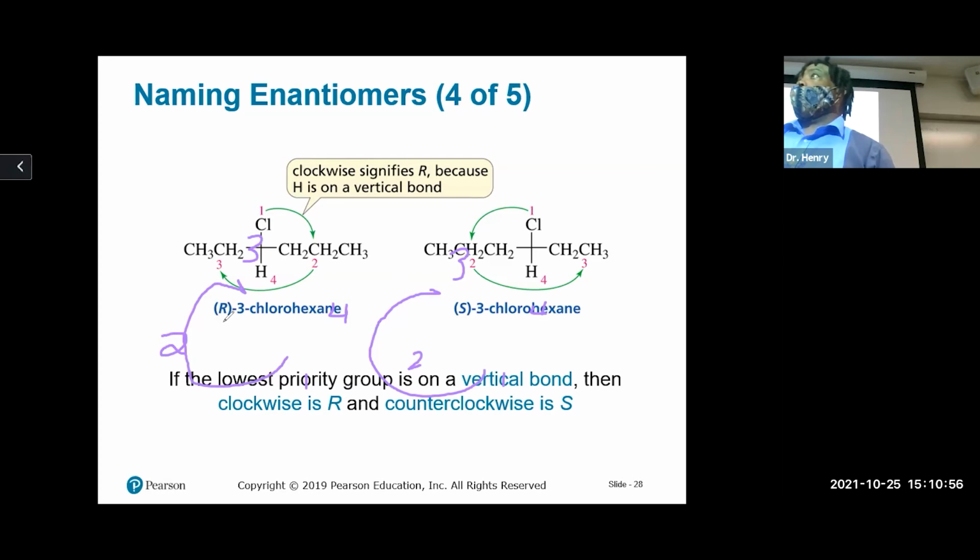Yeah. So 1, 2, 3, clockwise, right? So these are not occurring in order, but R is still clockwise in this case, right? We have 1, 2, then we go over to 3.